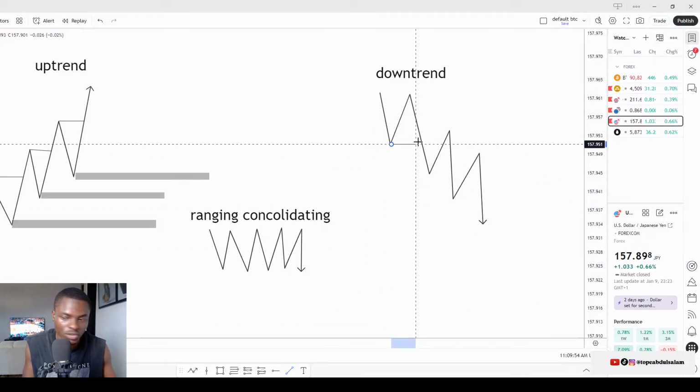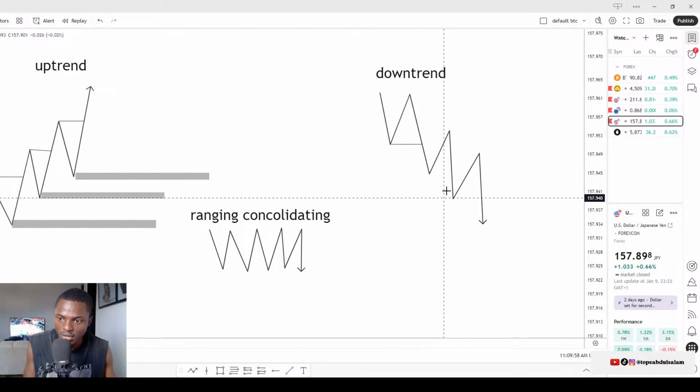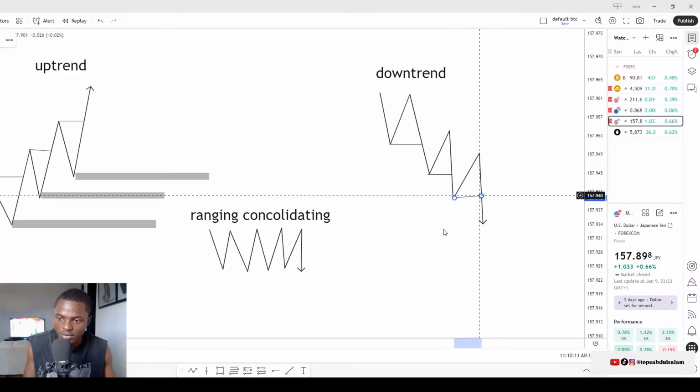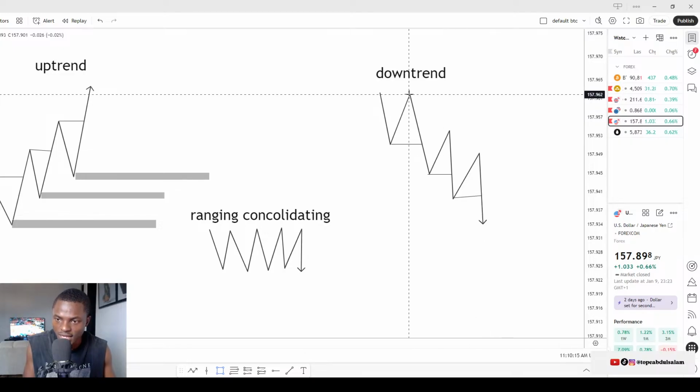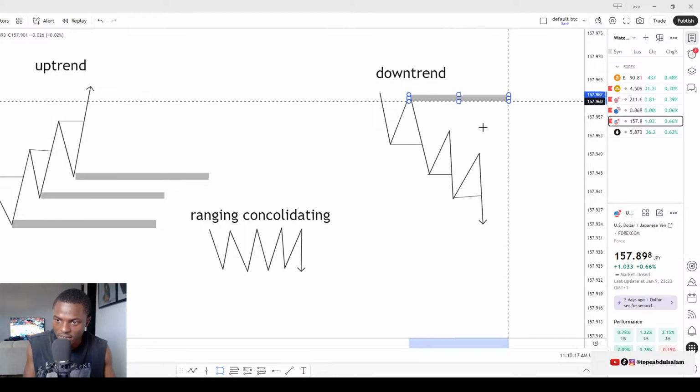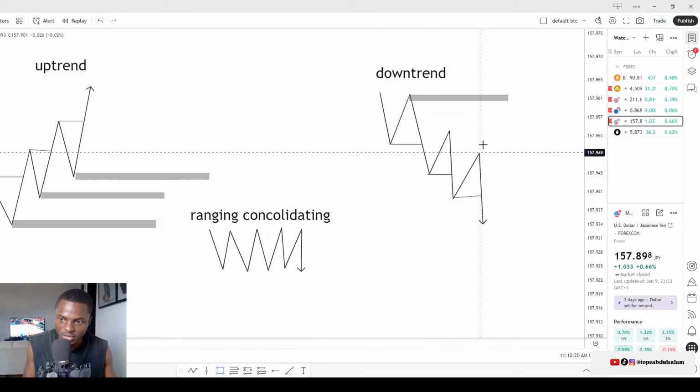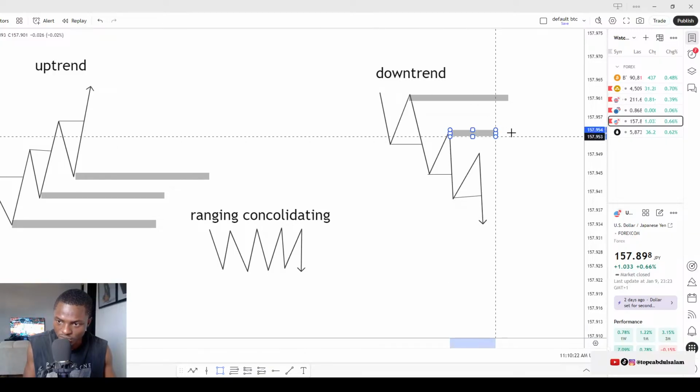We broke structure here, and we broke structure here, and we also broke structure here. So our point of interest now is this last area. That's our point of interest because it was responsible for breaking structure.